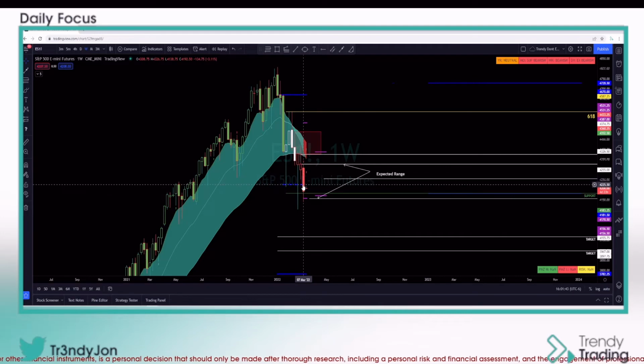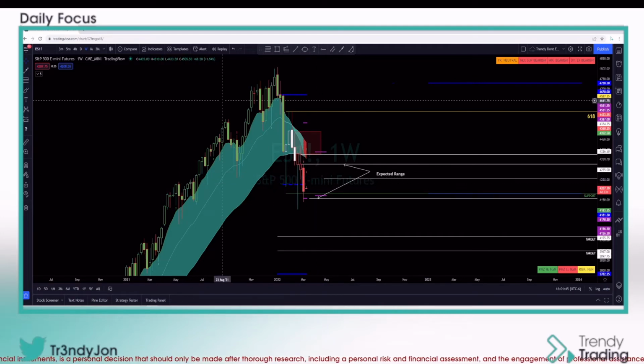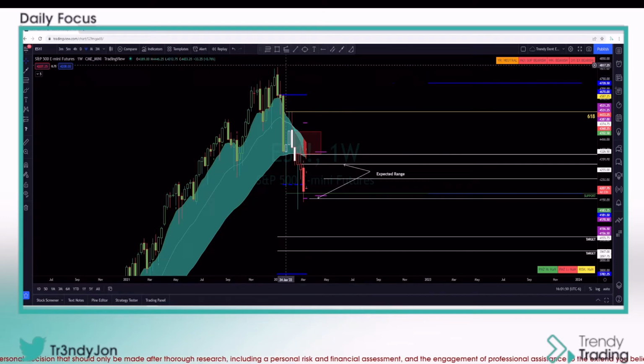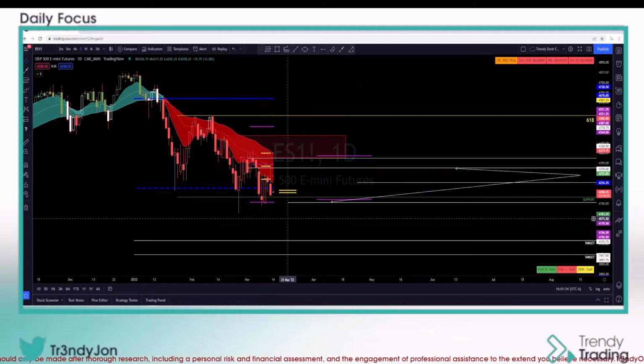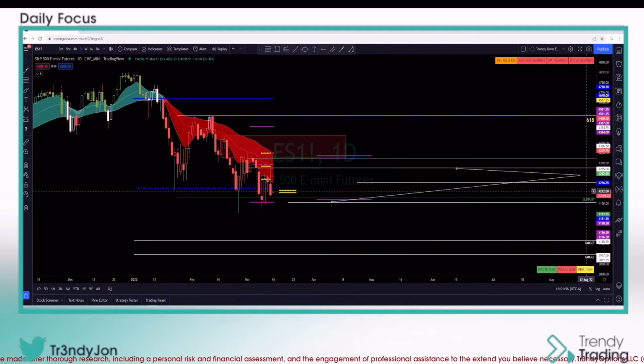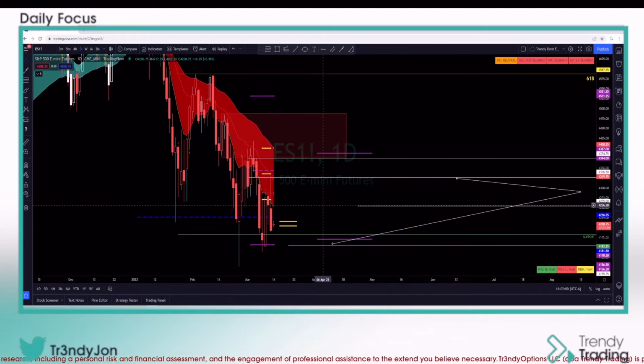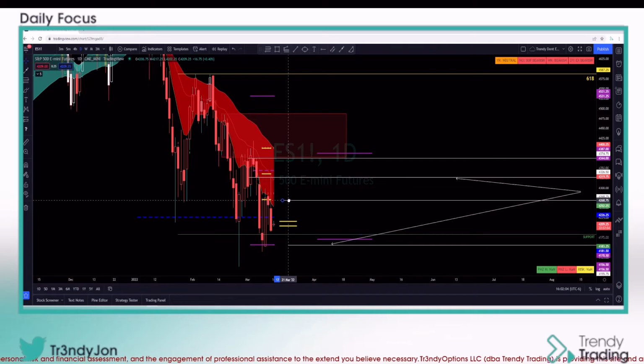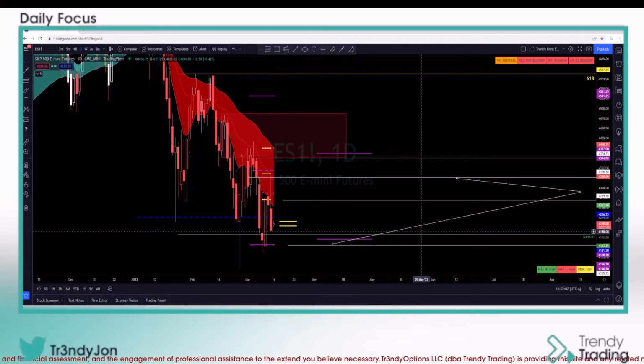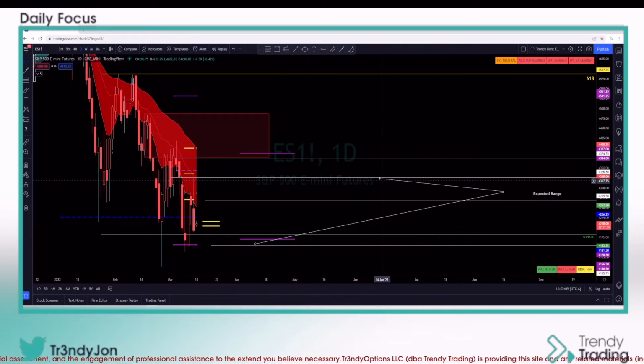So we have this nice big down weak candle, and let's go with a daily, just really quick. There we go. And we're going to use this one, find that edge right there, and that's going to be our expected range.